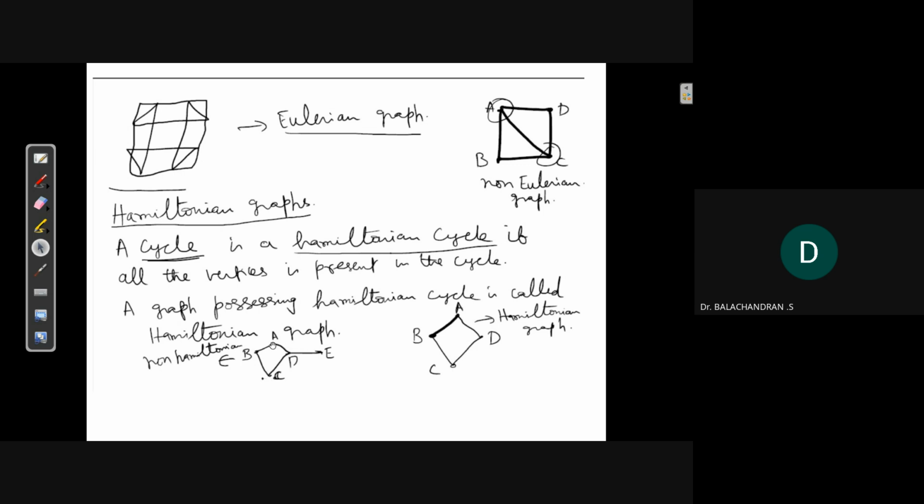That means what? Starting and end points are same, and going to all the vertices is not possible. Even if you start from A to B, B to C, C to D, D to E. Again, if I want to come to A, I need to come to D again. So that is not allowed by the definition. So that's why this is not Hamiltonian cycle.